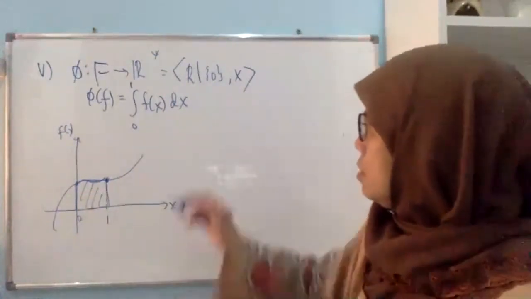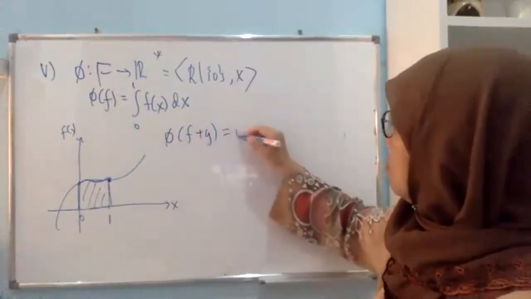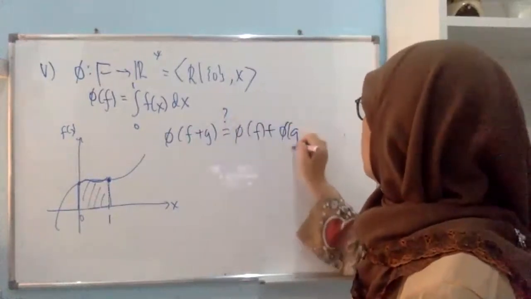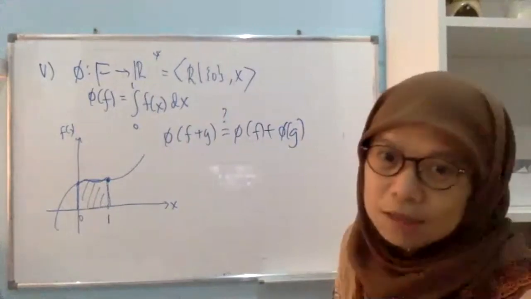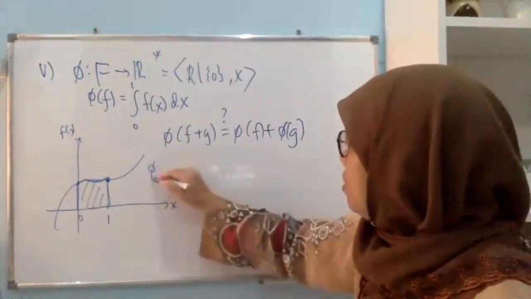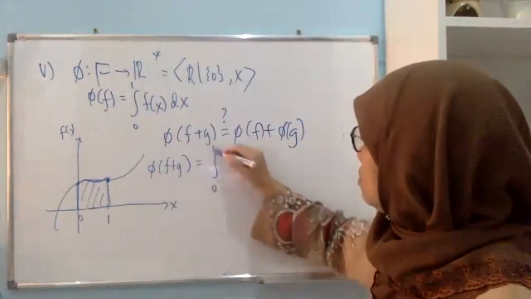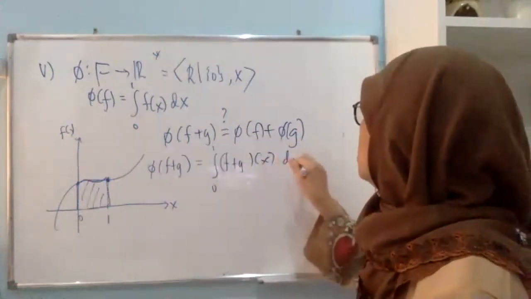So now, can you show this? By integration property, yes, because phi of f plus g is the integral of (f plus g)(x) dx.